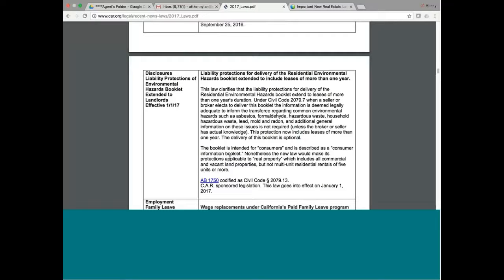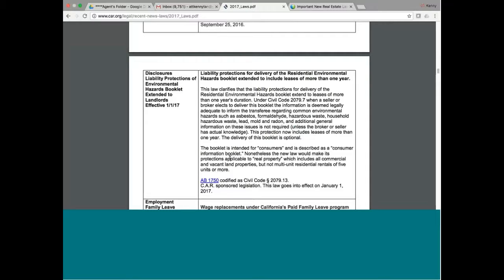Radon is also an environmental hazard. Now, all of these hazards, mold is also considered an environmental hazard. Sorry, I forgot about mold. Hey, this is a great pamphlet to use to minimize your mold liability exposure.